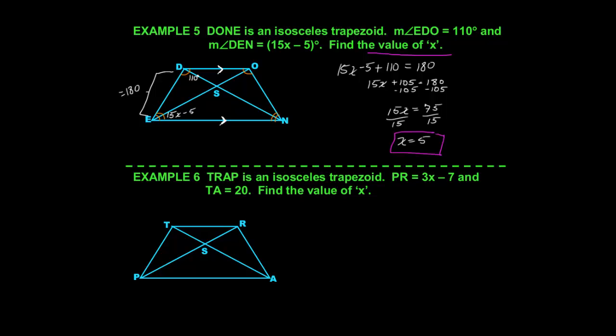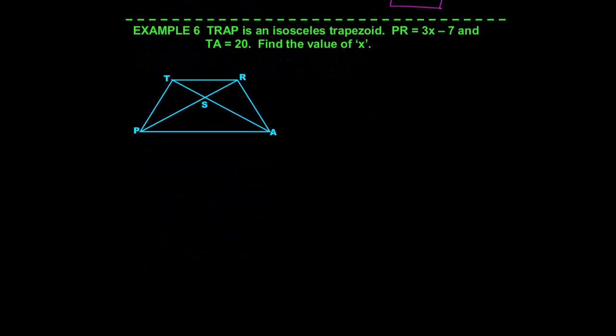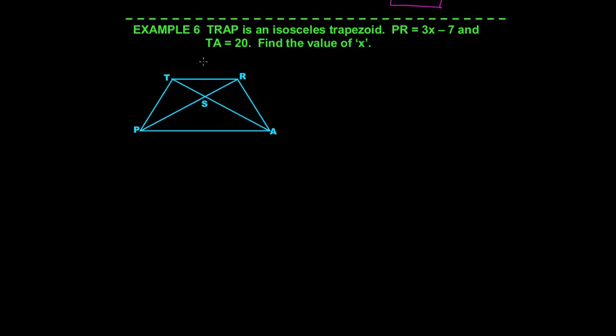Alright. Example 6, our last example. I've scrolled down just a little bit. TRAP is an isosceles trapezoid. I'll go ahead and mark what I know. We also know that this is congruent to this.